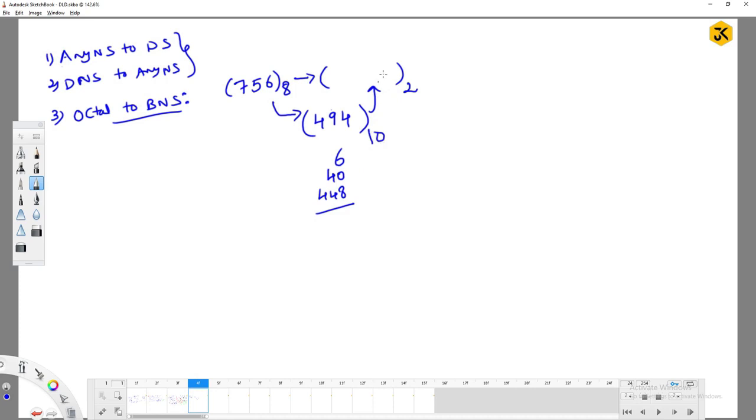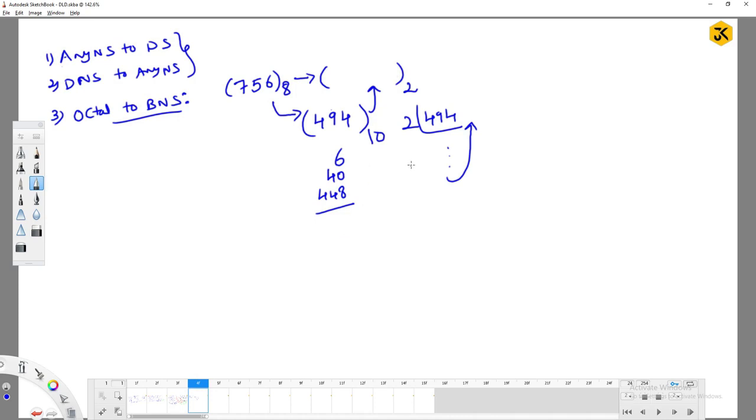Now this decimal number you need to convert again into a binary number. So simply 494 is divided by 2. You process it and write down the remainders from bottom to top, and you will get the actual binary number, right?